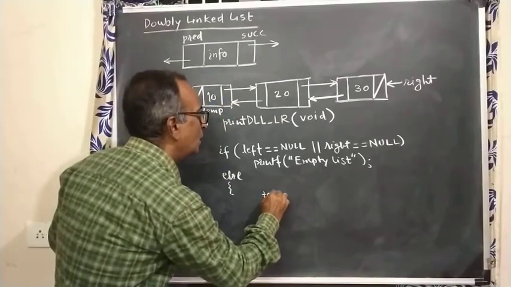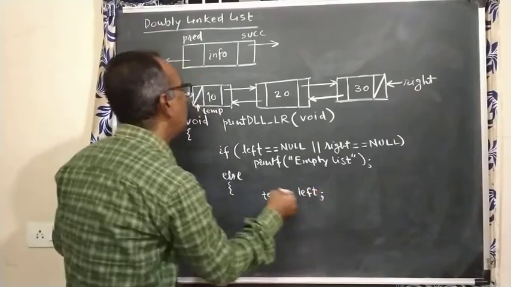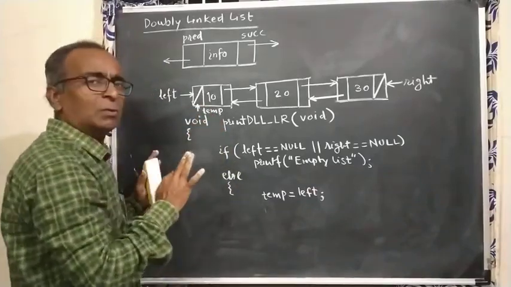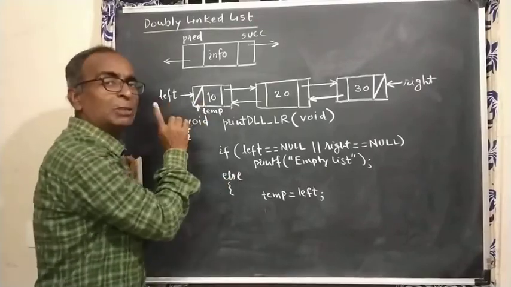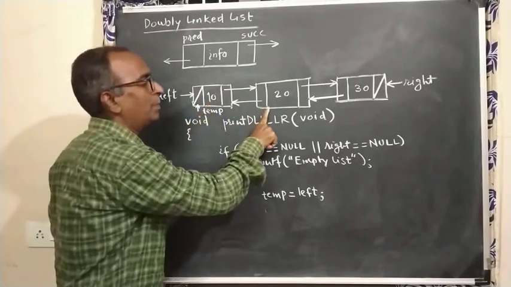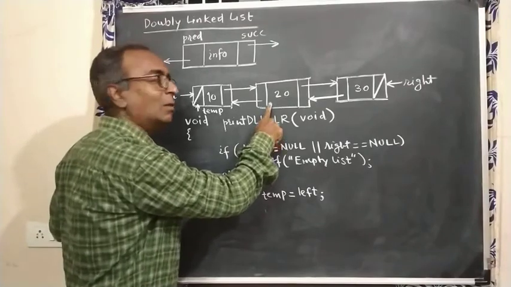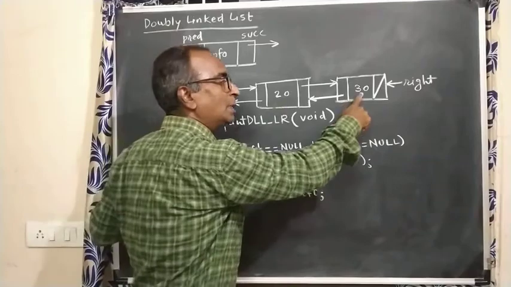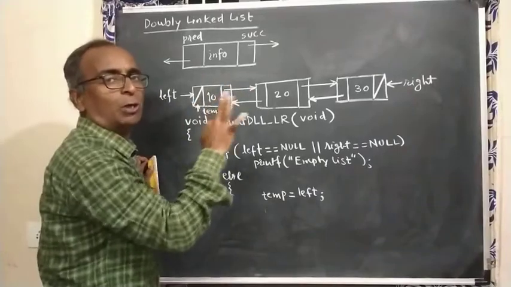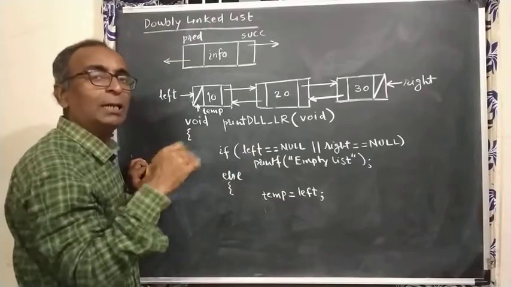So temp is given the left address, and temp will be pointing to the leftmost node. Then again we repeat: if temp is not null, print this, then move temp. When temp is not equal to null, you should print and move.